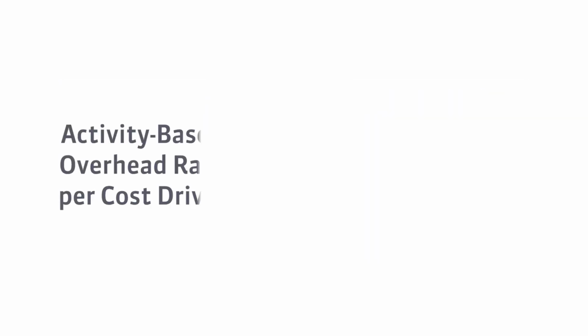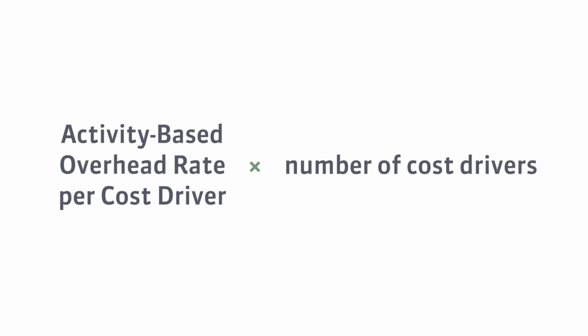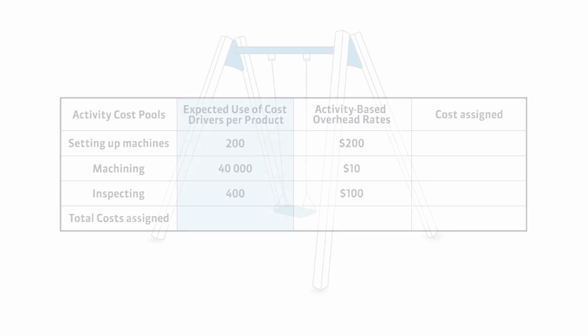To assign overhead costs to each product, we need to multiply the activity-based overhead rates per cost driver by the number of cost drivers expected to be used per product. In the case of swings, the situation will look like this.